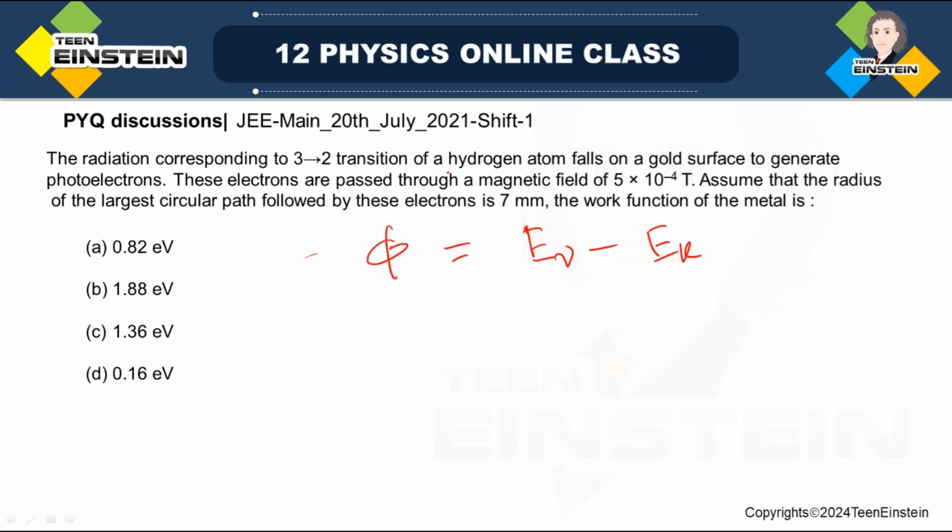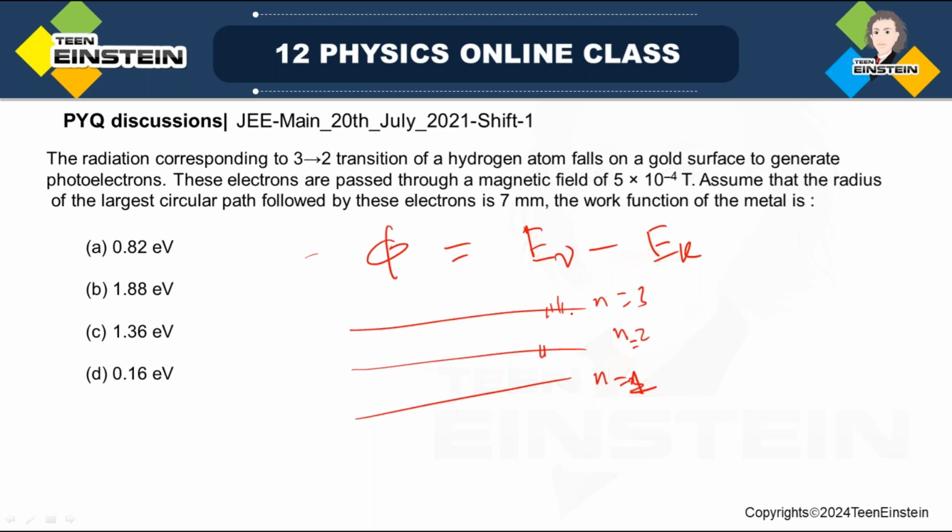Okay, so here if I have a transition n is equal to 3 to n is equal to 2, this is n is equal to 1, this is ground state, this is first excited state, this is second excited state. Each of them have actually individual energy levels, right?